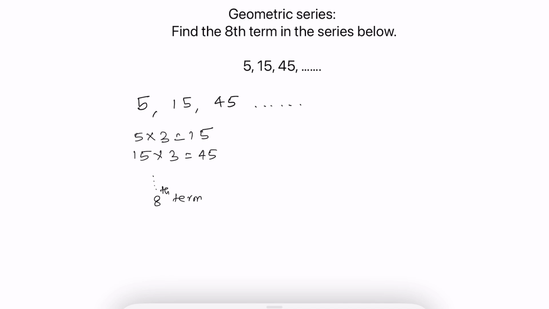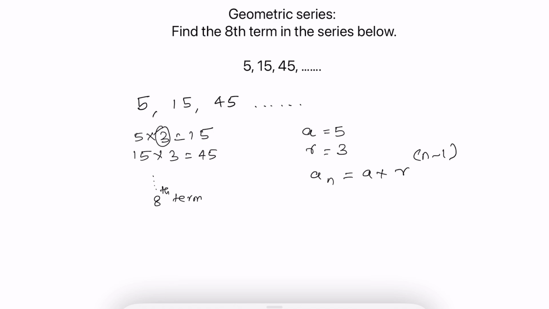We call this type of series a geometric series, where let's consider a is the first term. In this particular scenario a is 5, and let's see the ratio between these numbers. The common ratio is 3 in this particular scenario. So in these types of problems, if we have to find the nth term, that is a of n equals a into the common ratio to the power n minus 1.